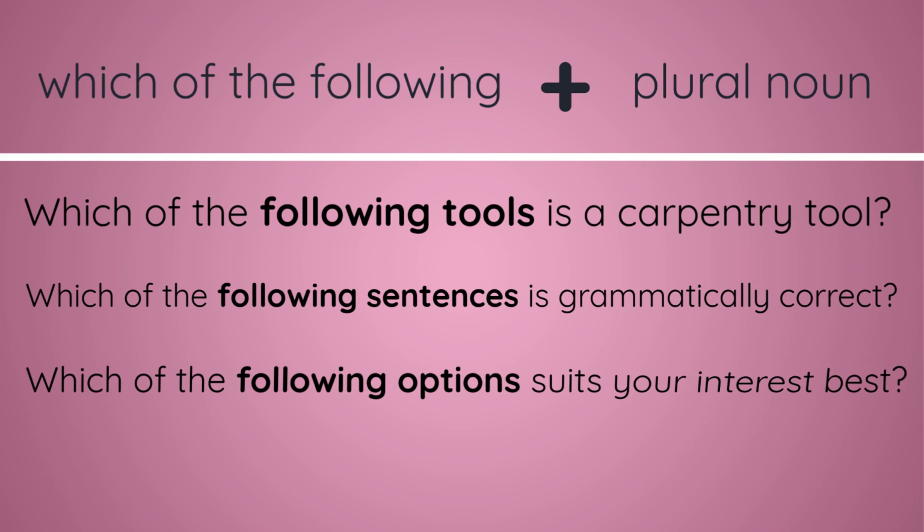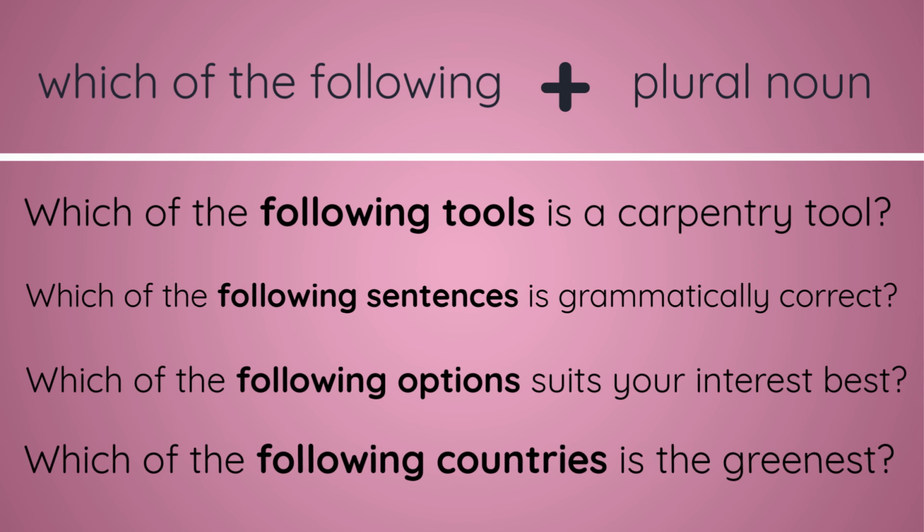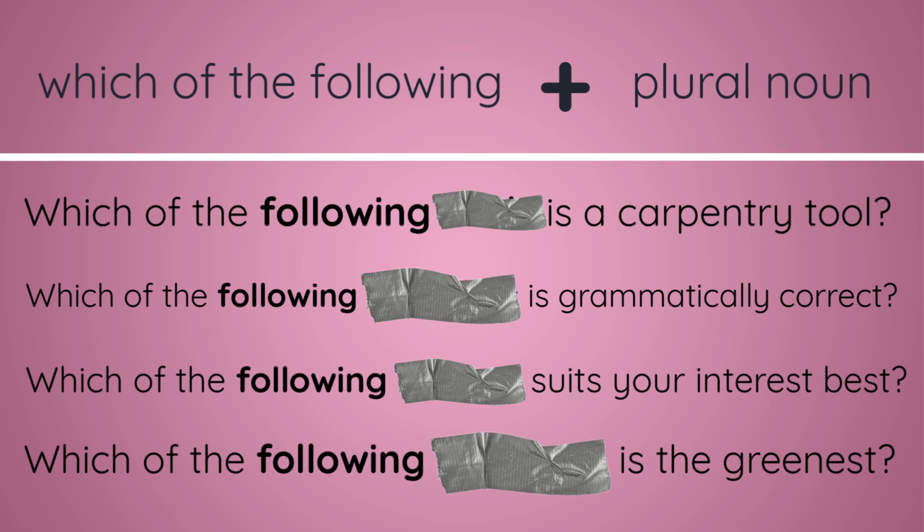Which of the following options suits your interest best? Which of the following countries is the greenest? As you see, in all of these questions, if we omit the plural noun that has come after "the following," nothing happens to the meaning. That is because "the following" by itself conveys the meaning of plurality. It shows that next comes a list of options.